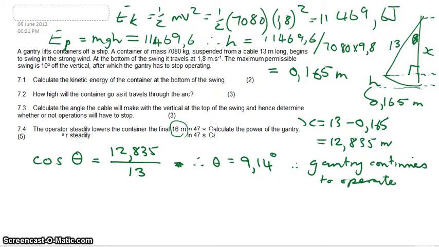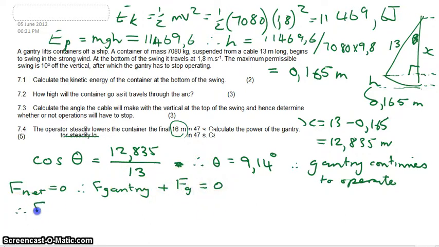And the word is steadily here. Okay, this is really weird, but steadily is the key word there. And so what it means, if it's steady, is that F net is 0. And if you think back to what we've done before, that means that the force of the gantry, the force with which the gantry is holding it up, plus the gravitational force is 0.